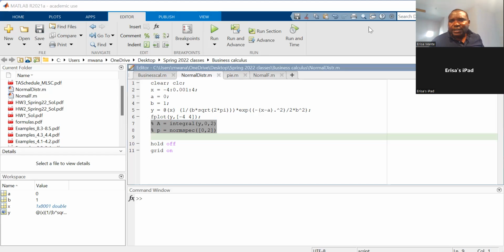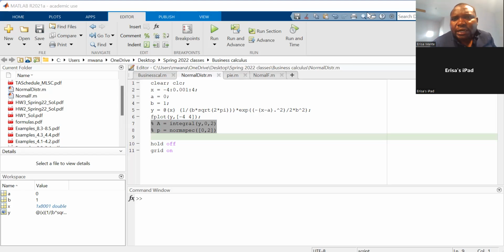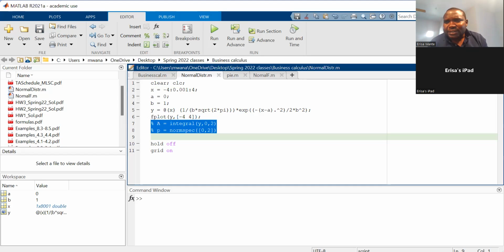I don't know whether you can see the function, because it may not display on your screen the way I'm seeing mine here. So let me stop sharing.